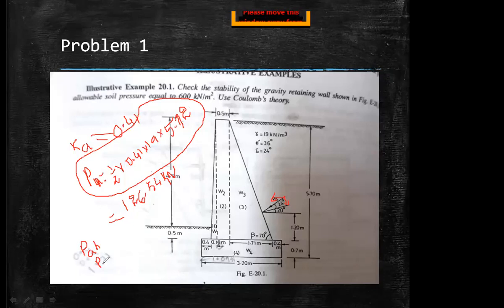PA horizontal and PA vertical. Calculate and tell me. Everyone needs to calculate.